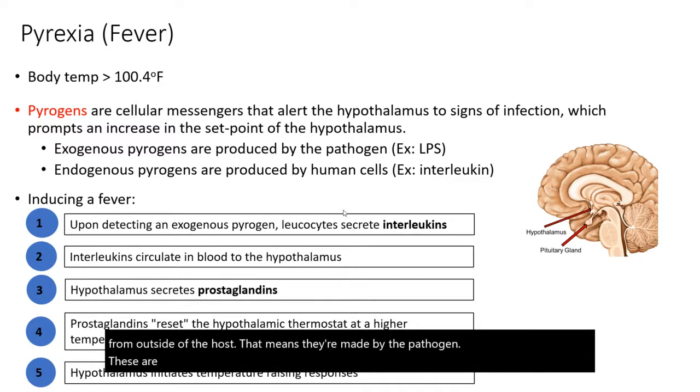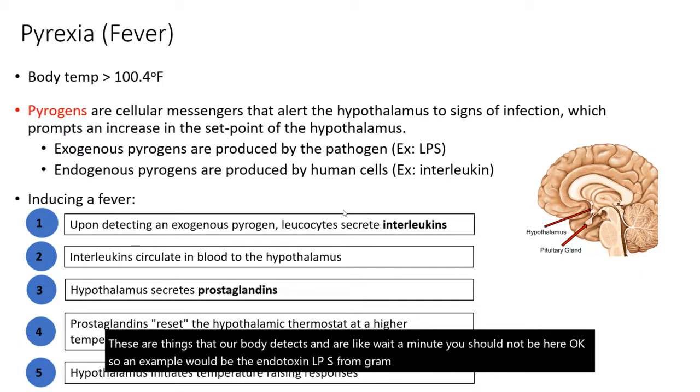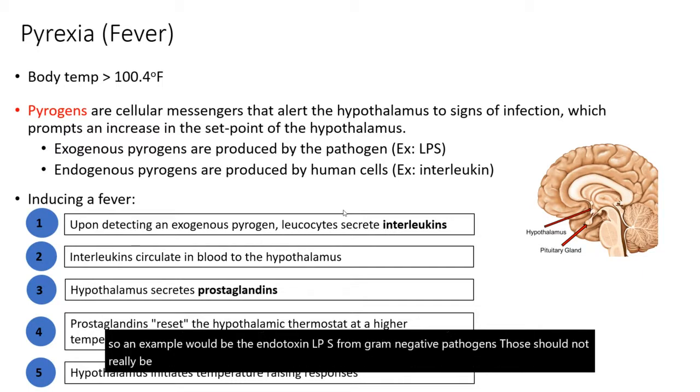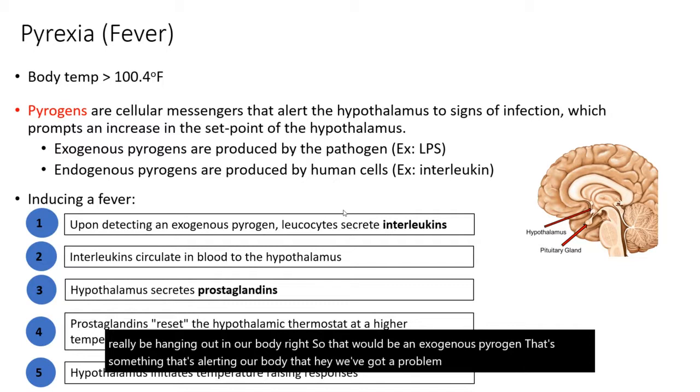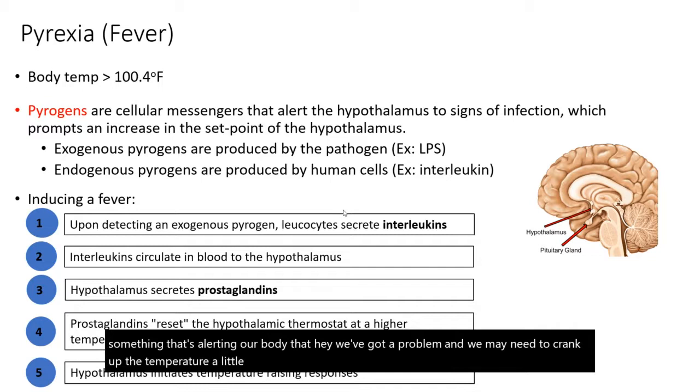These are things that our body detects and are like, wait a minute, you should not be here. Okay, so an example would be the endotoxin, LPS, from gram-negative pathogens. Those should not really be hanging out in our body, right? So that would be an exogenous pyrogen. That's something that's alerting our body that, hey, we've got a problem and we may need to crank up the temperature a little bit to get rid of it.